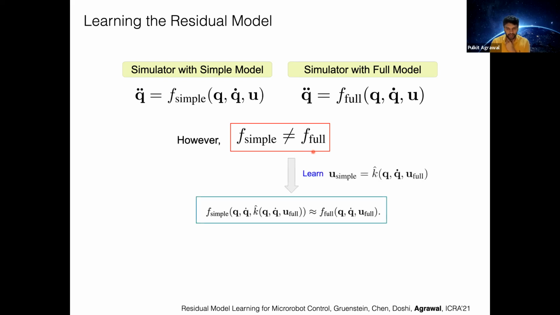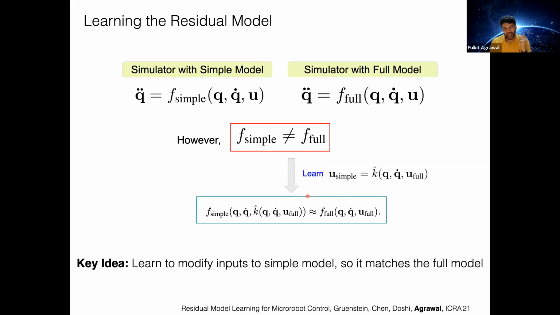So now I can pose the learning as follows. Suppose there was an action u full which I put in the full model, I would have got some output. Can I take the u full, which is the action which goes in the full model, and learn a function which converts it into an action that I can feed into the simple model so that the output of the simple model and the full model can be similar to each other?